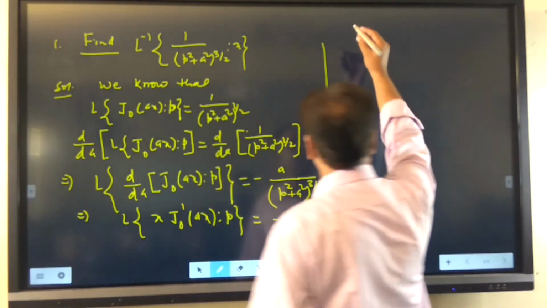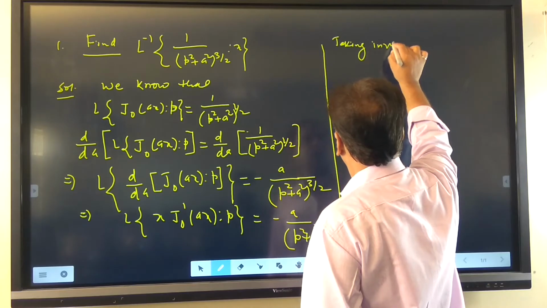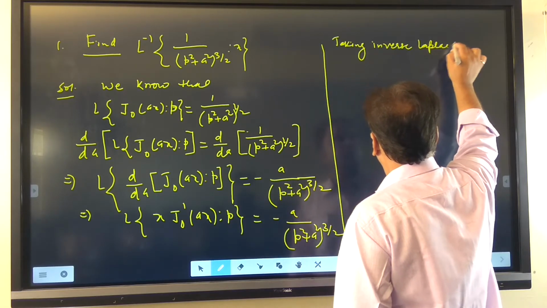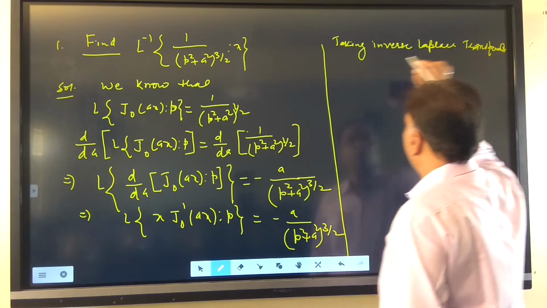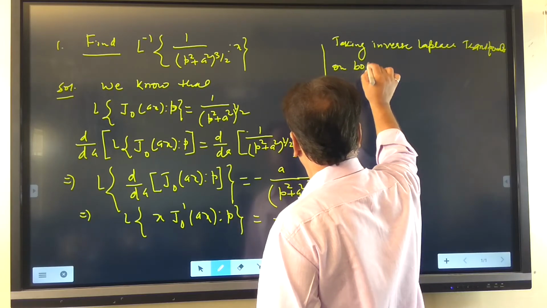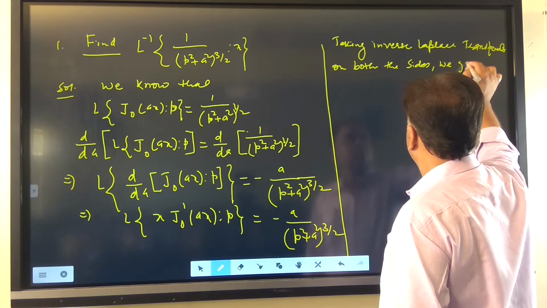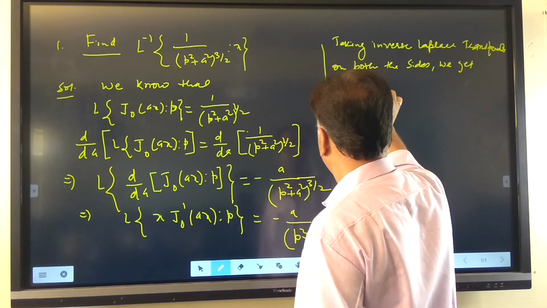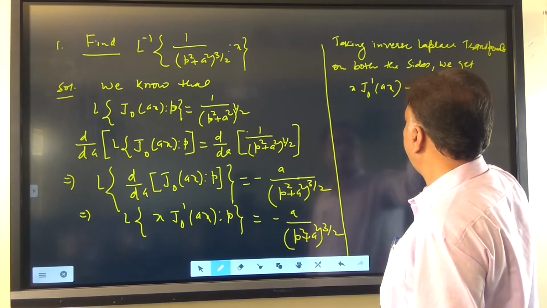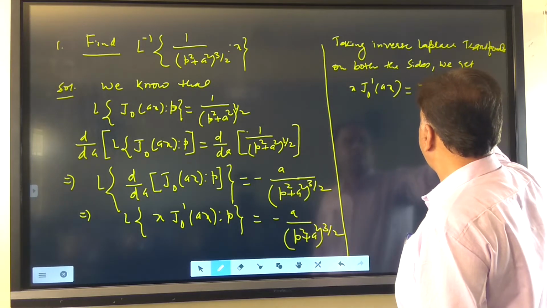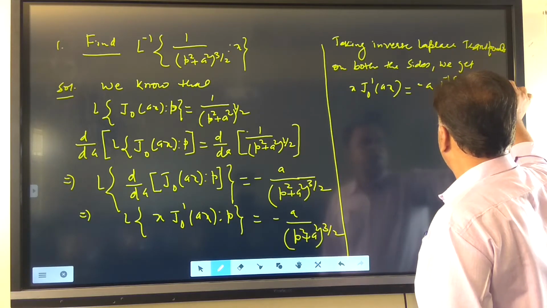Now, taking the inverse Laplace transformation on both the sides, we get x J0 dash (ax) equals minus a into the inverse Laplace transformation of 1 upon (p square plus a square) whole raised to 3 by 2 with respect to x.